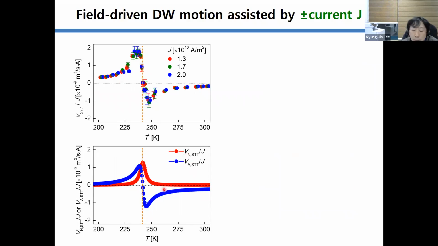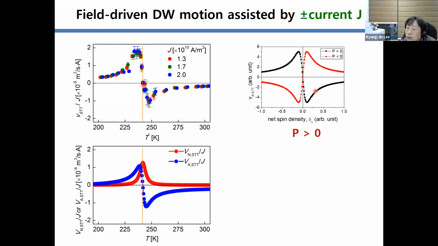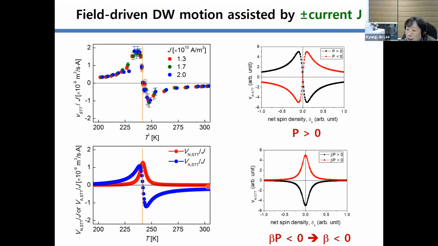And then we compare the sign of this experimental fitting result with the theoretical one. The antisymmetric component shows this plot, meaning that P is positive. And the symmetric component corresponds to a negative beta P, because P is positive, then beta is negative in this sample.